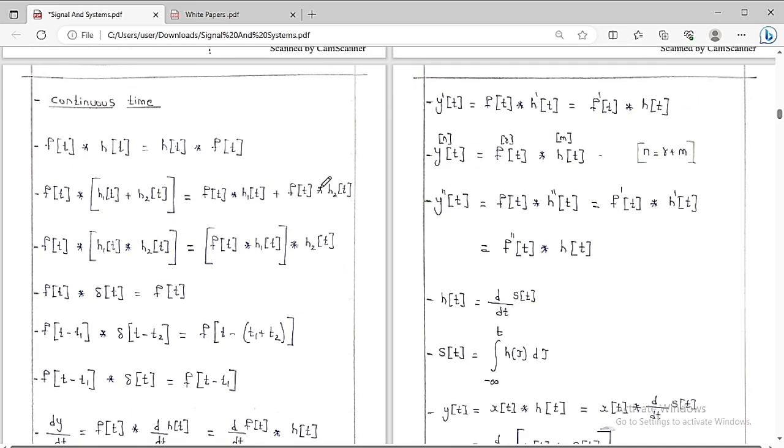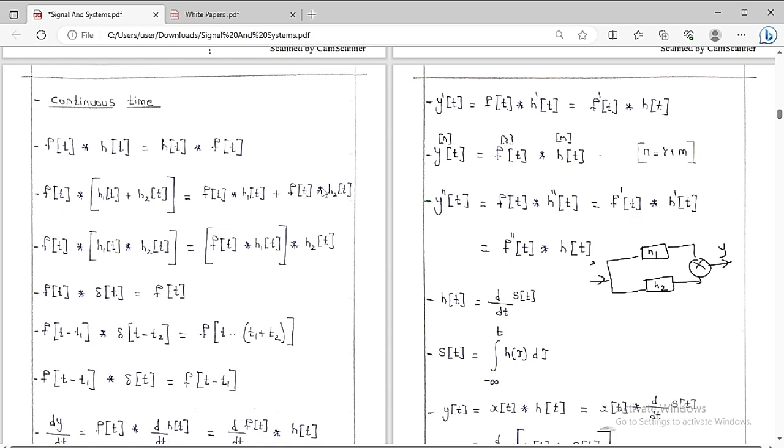What is the meaning of this? It is very simple. Suppose you take a parallel system, one having the impulse response h1 and the other having the impulse response h2. You use the same input for both of them and a summer here to get the output y.